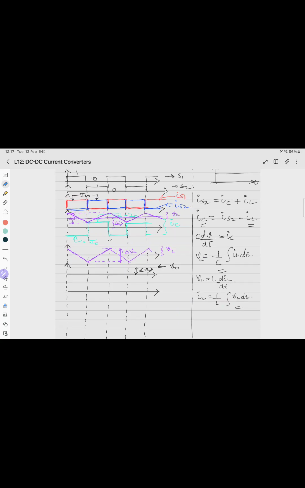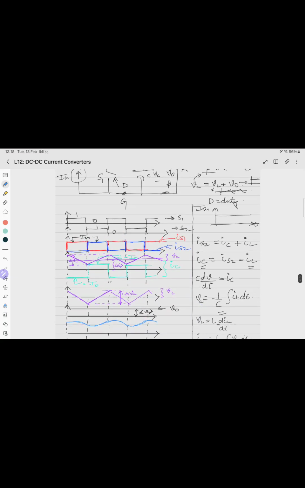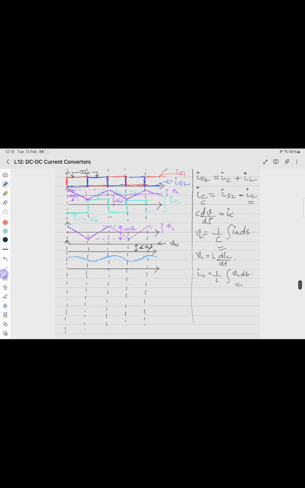What is VL? VL is this triangle. Integration of a triangle is quadratic. So in this case, it will be like this. Quadratic with a falling edge, then again rising, then again falling, then again rising. And the current has some average value which is given by V0 by R. So this is the nature of the I0 current, having some average value.